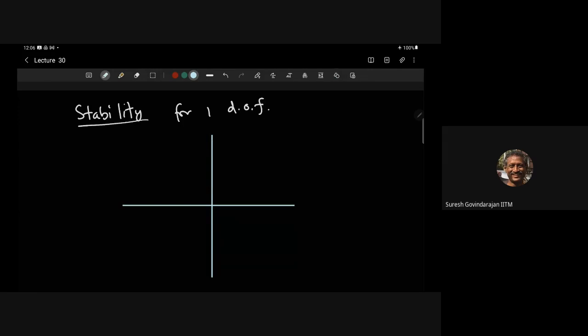So this is the Q-P phase space. And let's say that there is some point with coordinates, say, Q0 and P0.